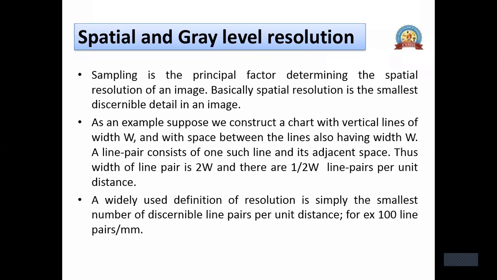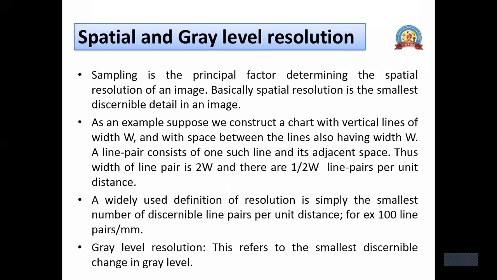Vertical resolution tells how many columns are there in that particular image, and horizontal resolution tells how many rows are there. It is given by line pairs per unit distance, something like 100 line pairs per mm. That is what spatial resolution is.